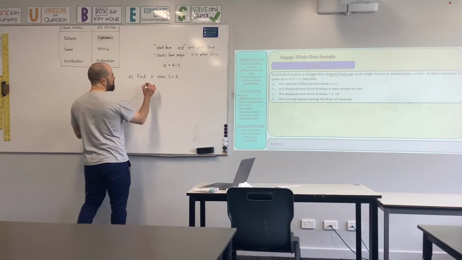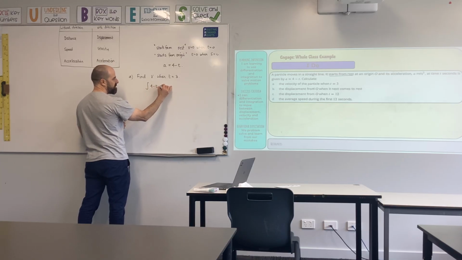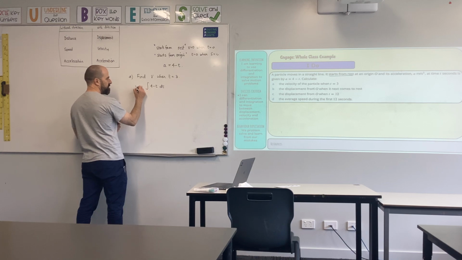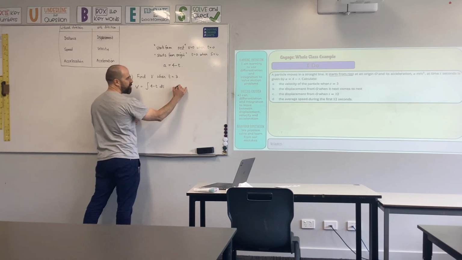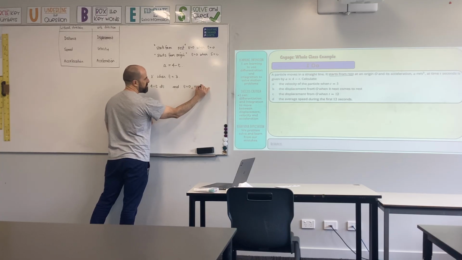So we need to do the antiderivative of 4 minus t, and we know that when t equals 0, v equals 0.